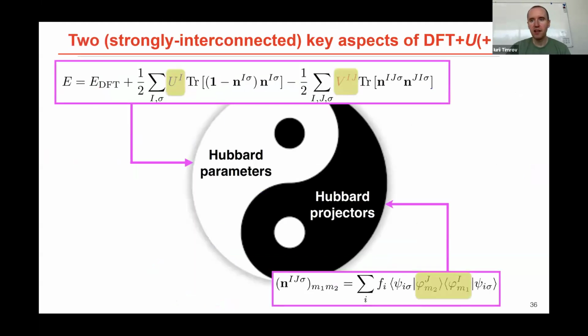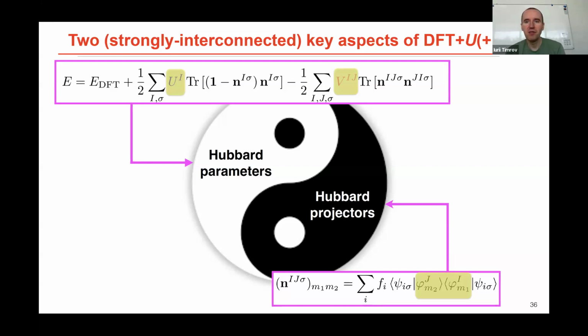This theory is very nice, but there is again a problem. We don't know what the U parameter is. We don't know what the Hubbard V parameter is. And we need to decide what the projectors phi are. It's like in DFT: yes, there is an exact exchange correlation functional, but we don't know it. So we try to approximate, we try to do something about it.